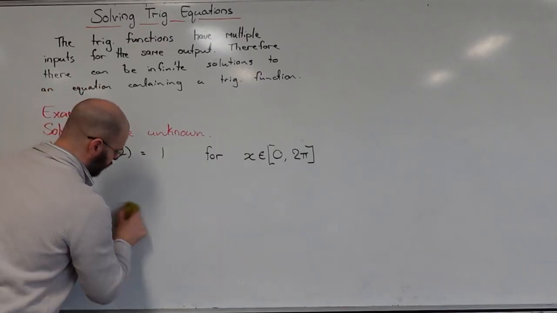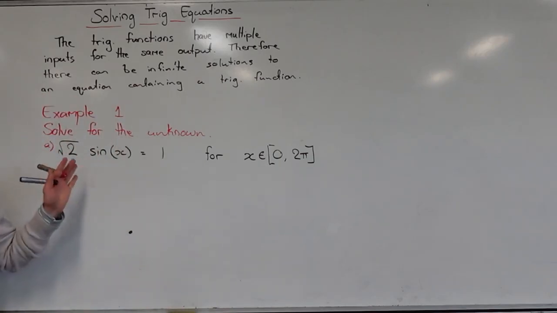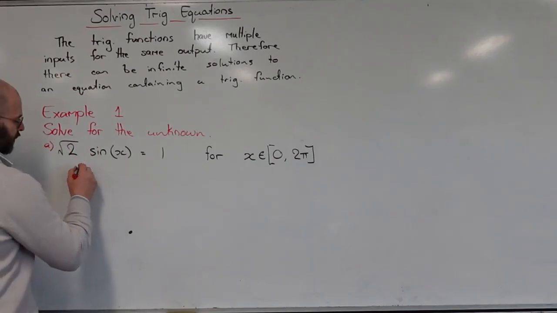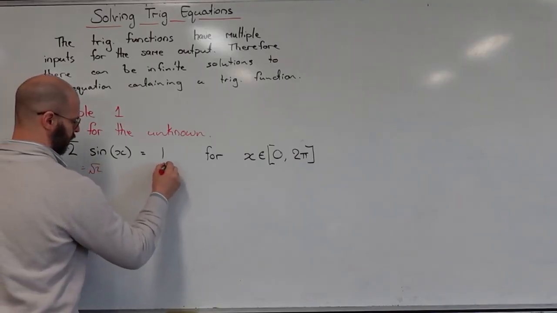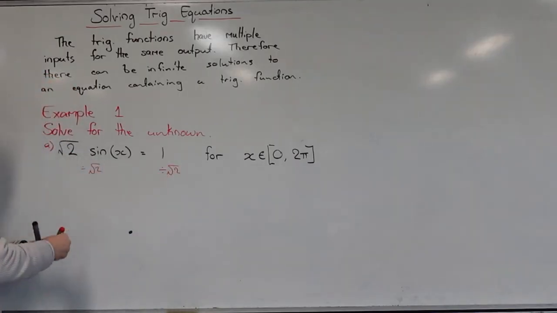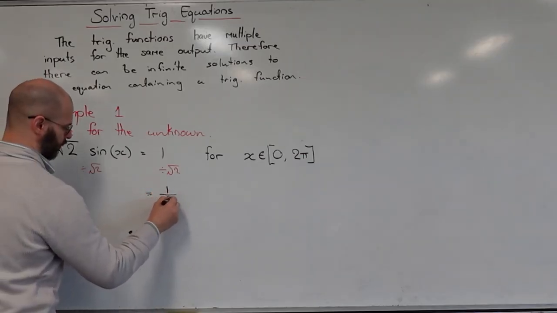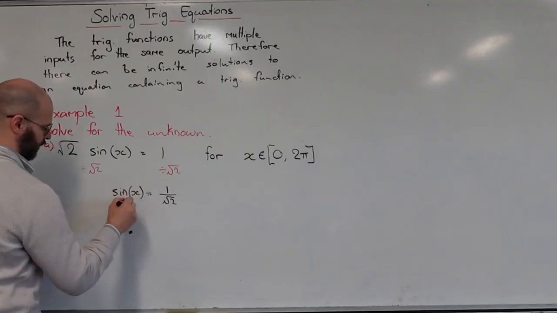First thing that we're going to do here is we're going to rearrange this equation such that it's sine, or the trig function of the unknown, equals something on the right. So to do this, I first divide by root 2. So that's going to be 1 on root 2 equals sine x.